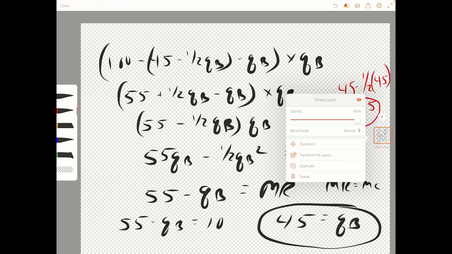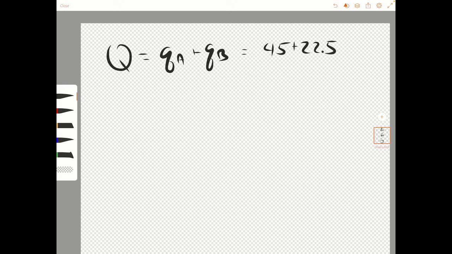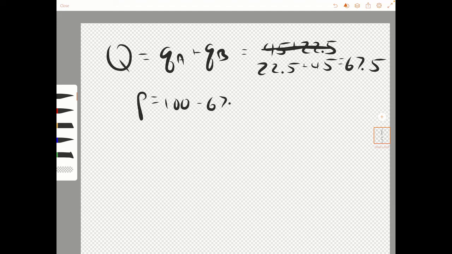We have the two firms producing different amounts of output. The total market output is now QA plus QB, which is 22.5 plus 45, which is 67.5. And then the price is equal to 100 minus 67.5, which is 32.5.